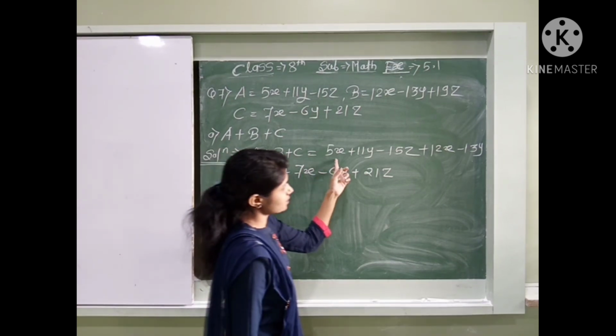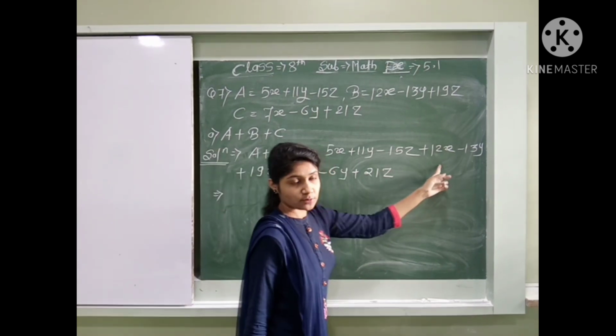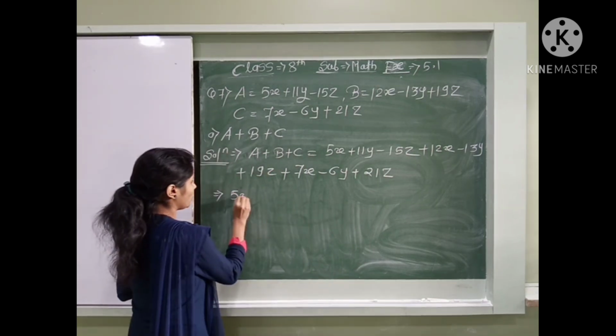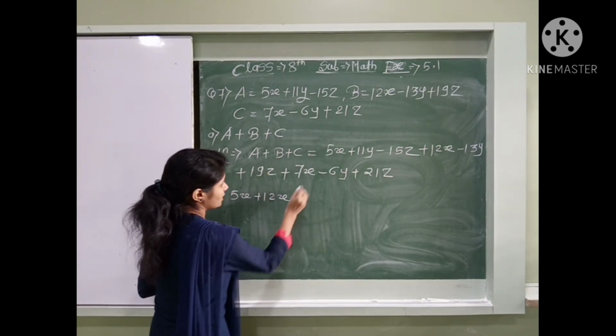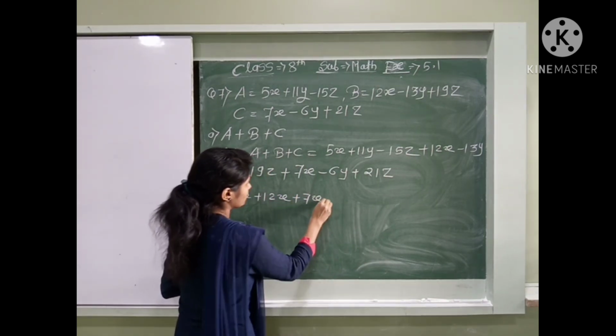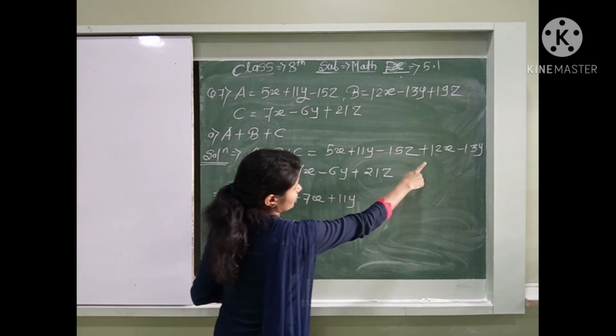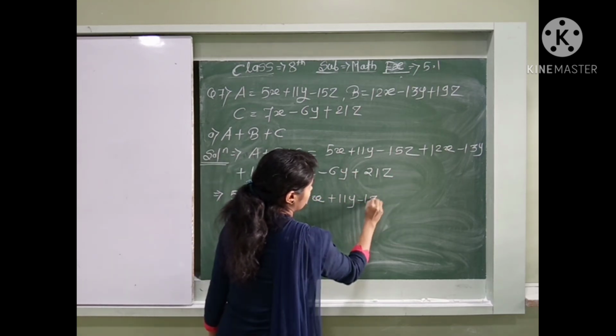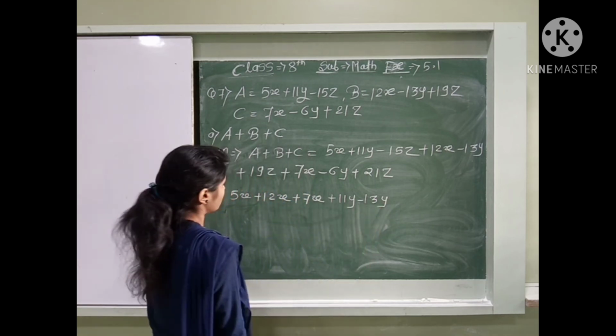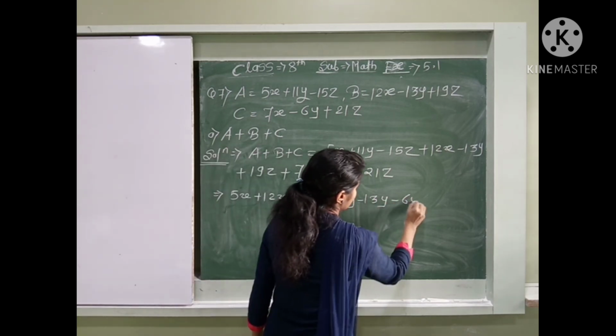Now all of you know how to solve this question. Collect the like terms. Firstly 5x plus 12x, then another 7x. Then 11y minus 13y, then minus 6y.